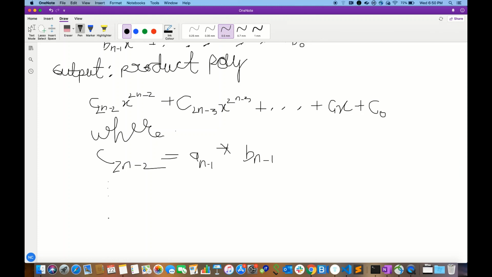So it has two terms to multiply together. The c 2n minus 4 term would be three terms that multiply together, and we have more and more terms that get multiplied and summed together, and then fewer and fewer back down.